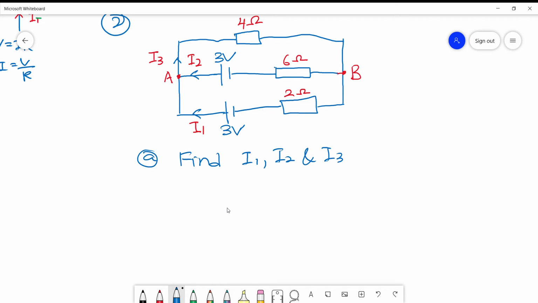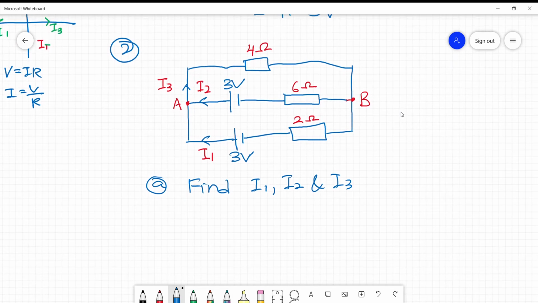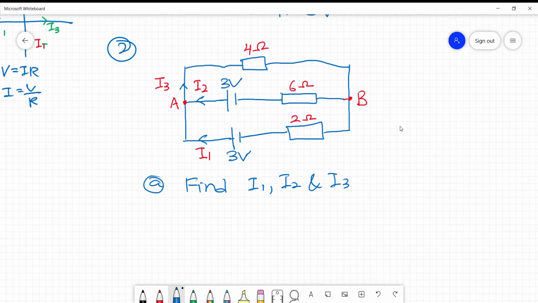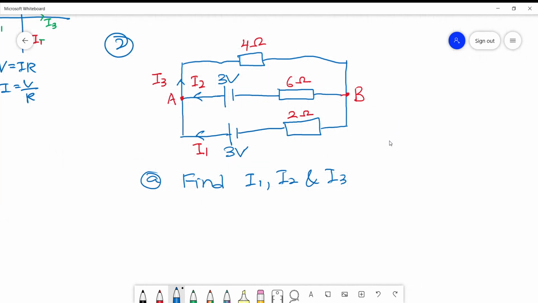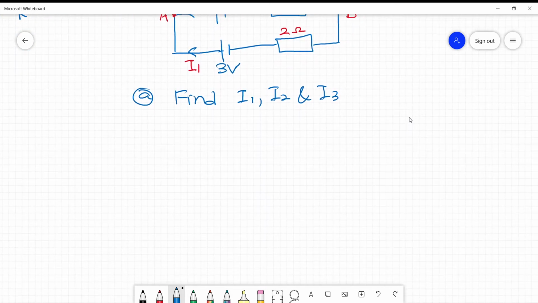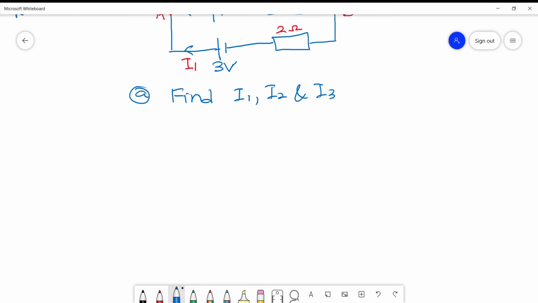So use what we have learned from the previous video. We learned the concept of Kirchhoff's first law and Kirchhoff's second law. Based on Kirchhoff's first law, as I said just now, I1 and I2 approaching the same junction will produce the new current, which is I3, after leaving the junction.